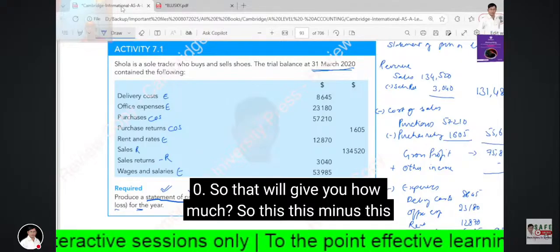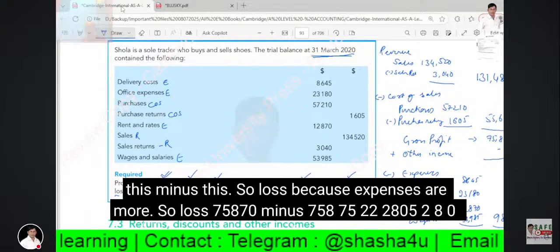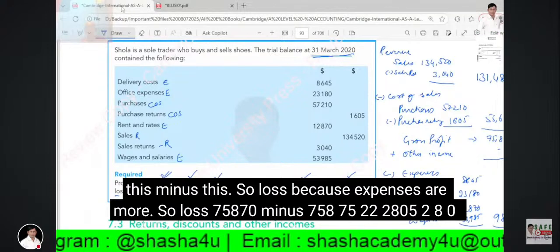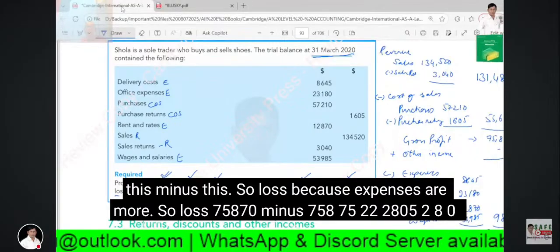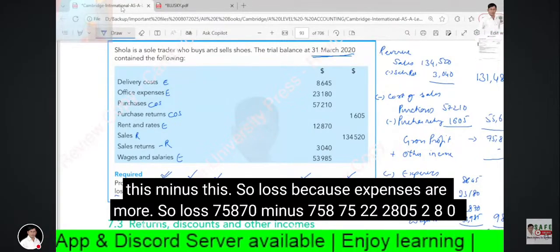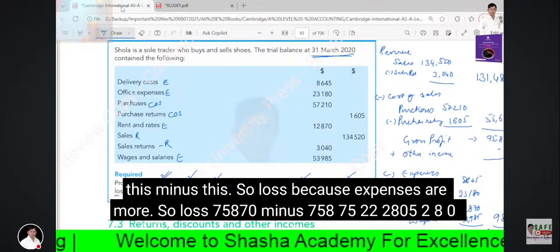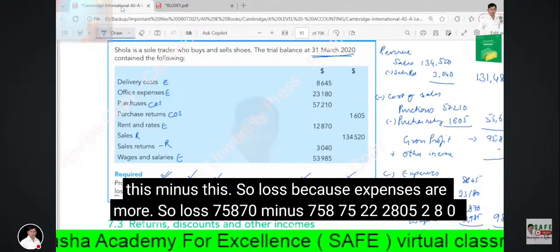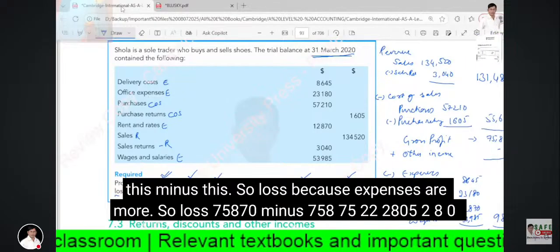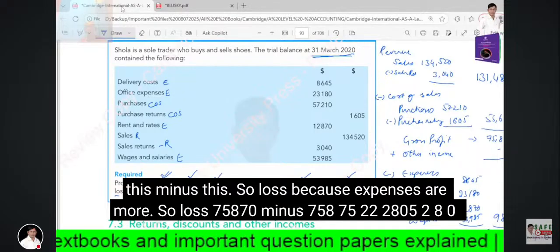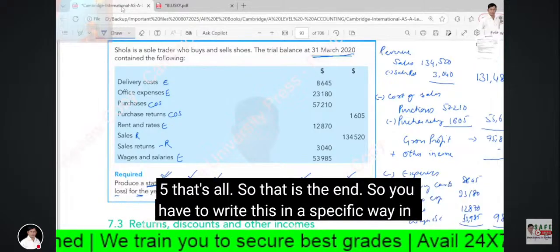This minus this, minus this, loss. Because expenses are deducted, it is a loss of 75. That's all. So that is the answer.